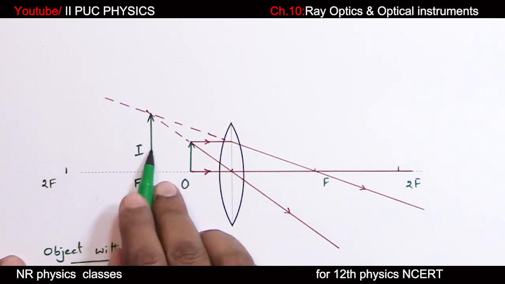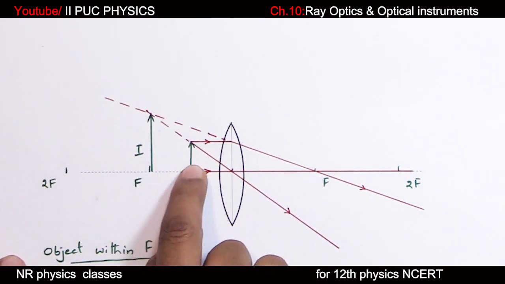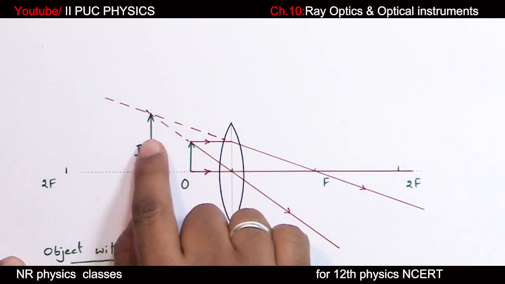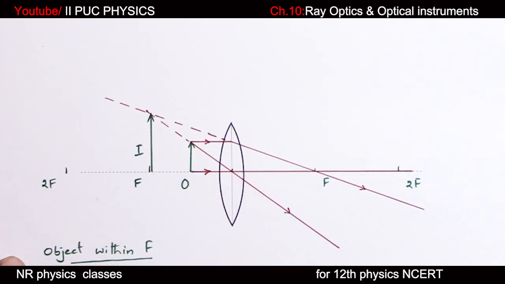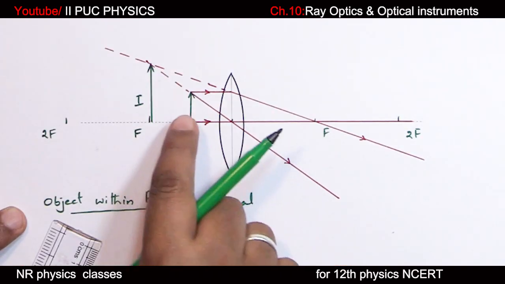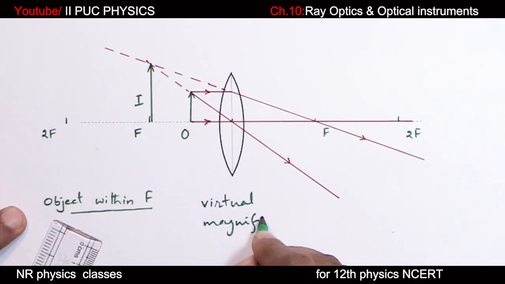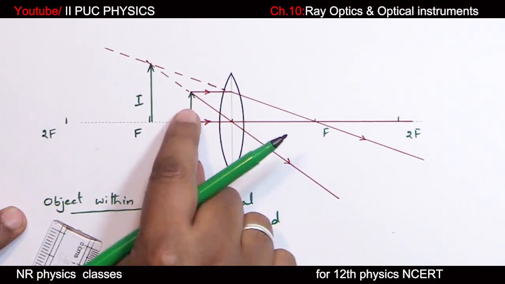What is the nature of the image? This is the object. After refraction, the rays are diverging, means this is a virtual image. Nature of image: virtual, image is bigger than object, so magnified, and this is erect.